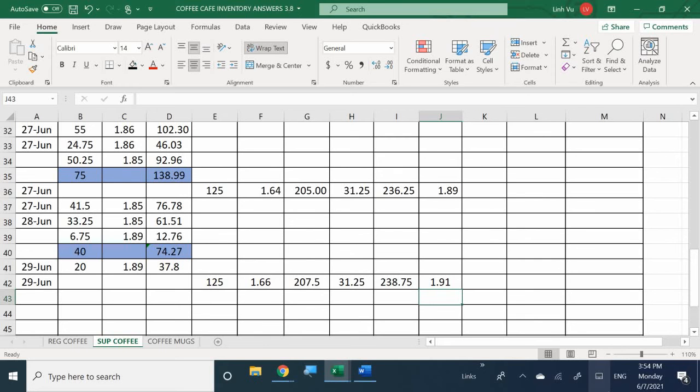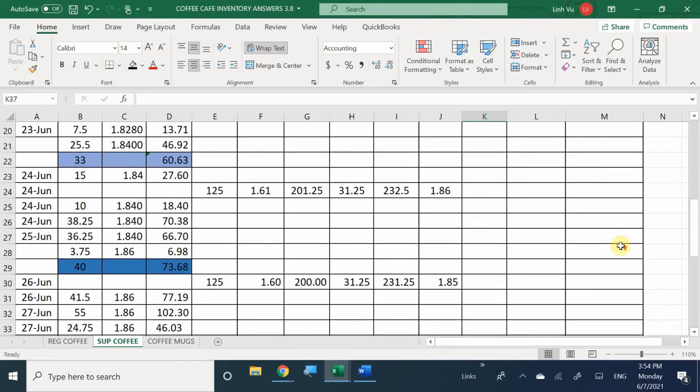First in, first out. So we're not going to have to mess with the batch that we already have. We're just going to add to it, or a new line.